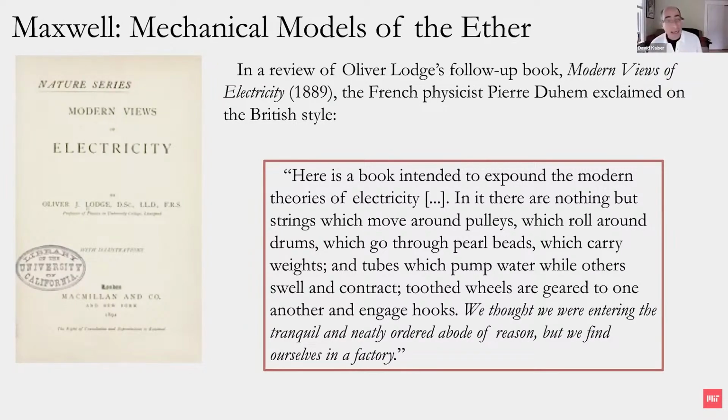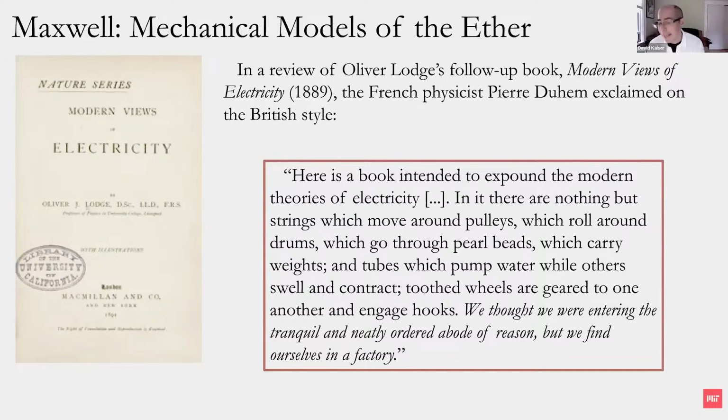So one of his acolytes, Oliver Lodge, who himself went on to a very distinguished career in physics, wrote a book a few years later than Maxwell's treatise called Modern Views of Electricity. And it was all about this Maxwellian approach within this mechanical worldview to account for states of strain in the ether, using this much more articulated mapping, the fancy math that people like Thomson, Maxwell, and soon the whole Cambridge group would articulate.